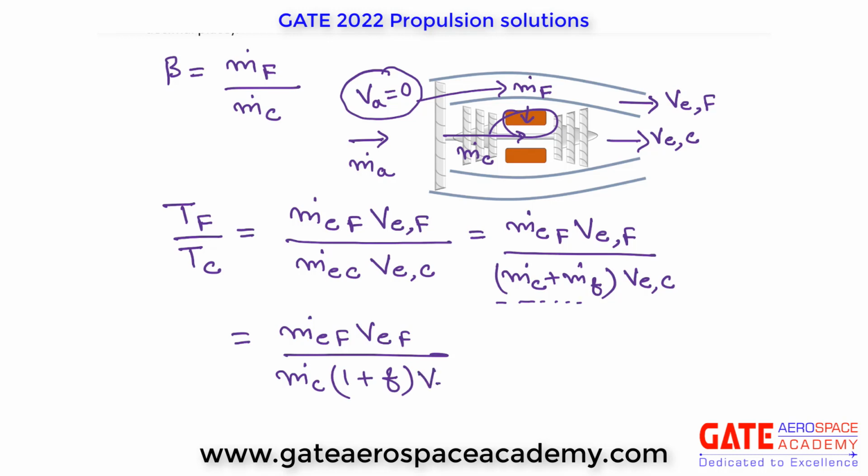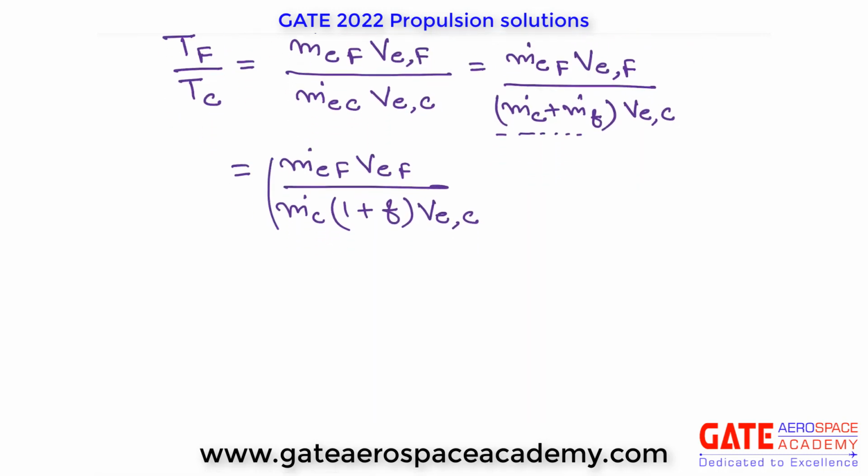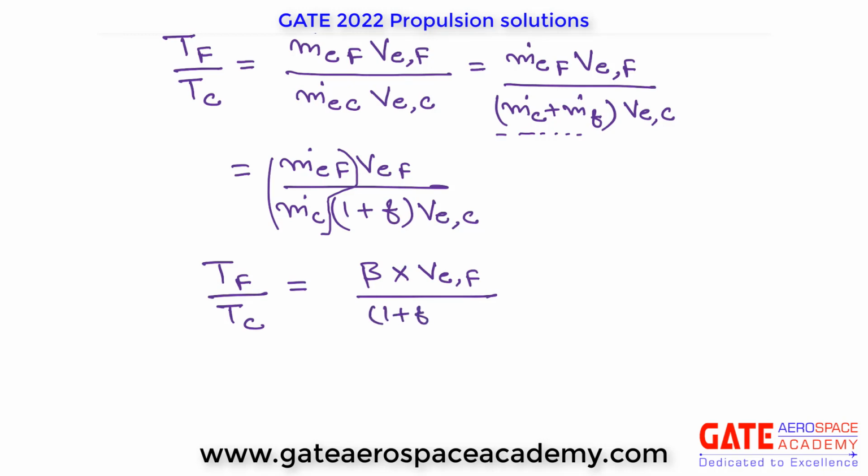Fuel to air ratio, V exit core, correct? Now this ratio is beta, so we can write thrust from fan duct divided by core thrust is equal to beta into VE fan upon 1 plus F VE core, right?